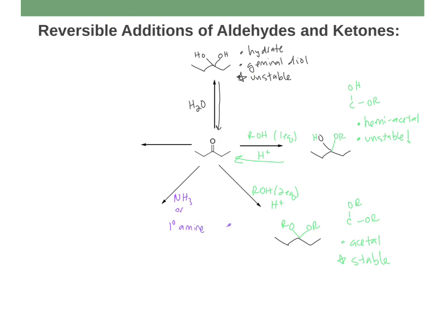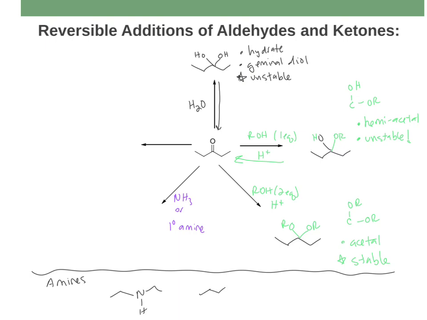Actually, maybe I should take a little side note here, just to make sure that you're understanding primary, secondary, etc. If you look at these types of amines, if you have, let's say, this amine, or this amine, or maybe that amine, you can use these terms, primary, secondary, etc., with amines also.